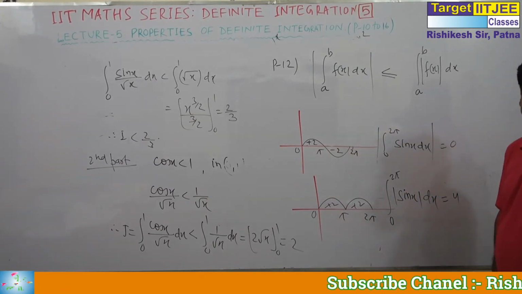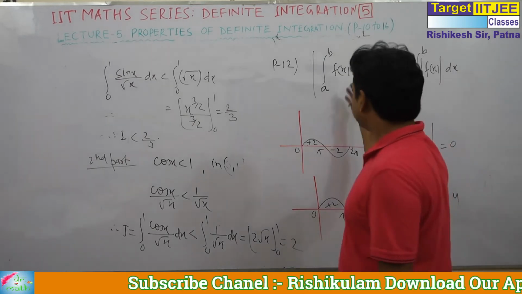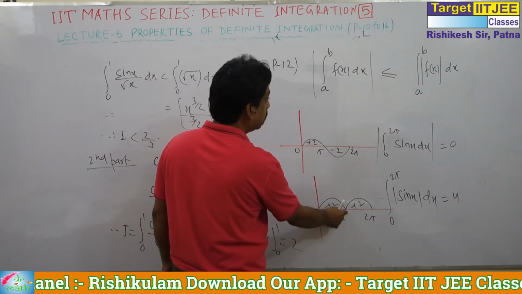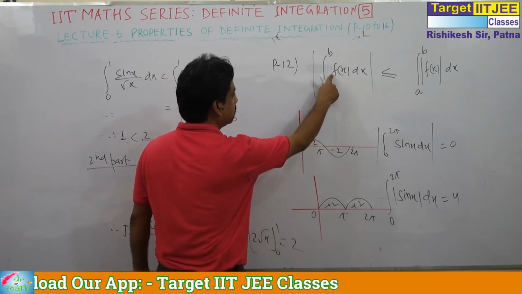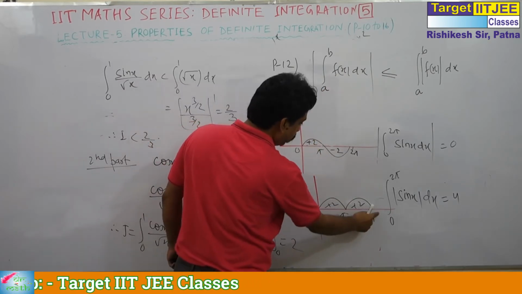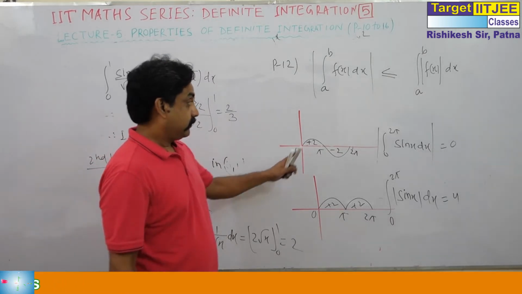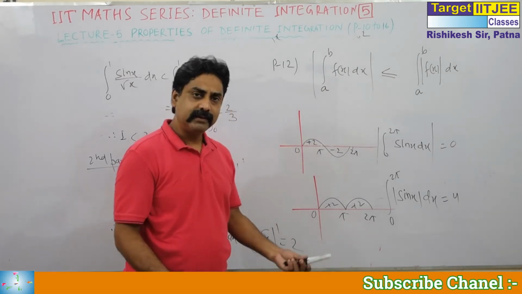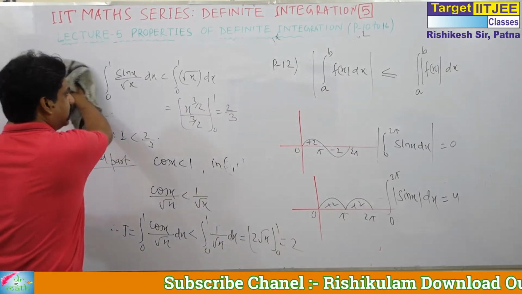This will be 4. So this will be less, this will be greater. If f(x) is positive, in 0 to pi, both are equal. If f(x) is negative, in pi to 2 pi, this is minus 2, its modulus is 2, both are equal. But if they are of opposite sign somewhere in the interval, this is less and this is greater. Simple property. No question on this.